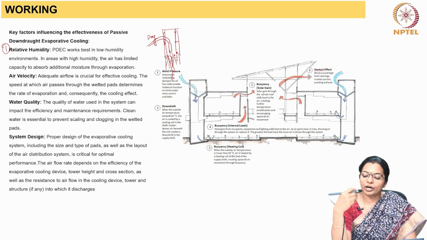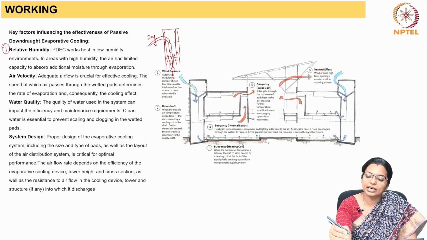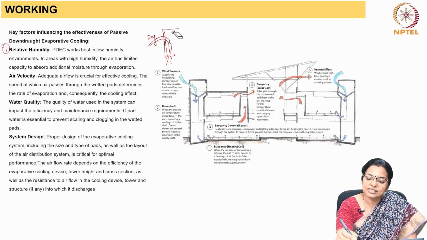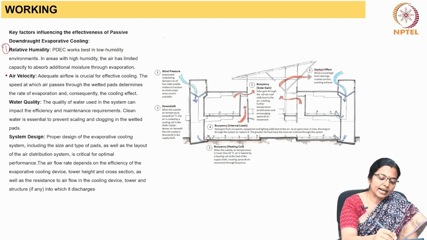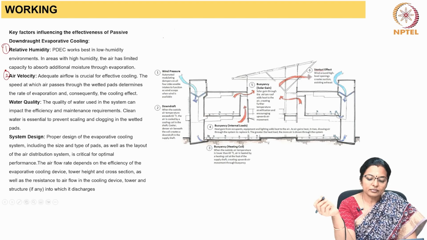Air which is already laden with moisture cannot absorb more moisture, and therefore this system is most appropriate in dry areas and dry climate. The second is air velocity.